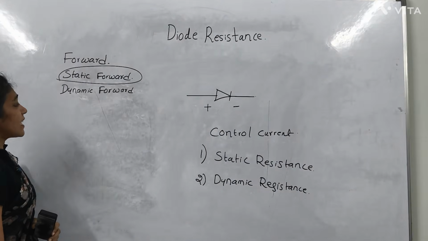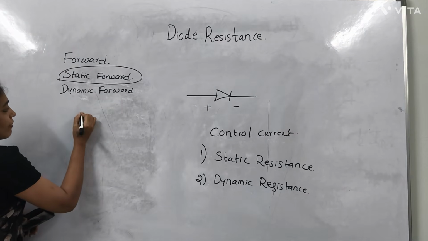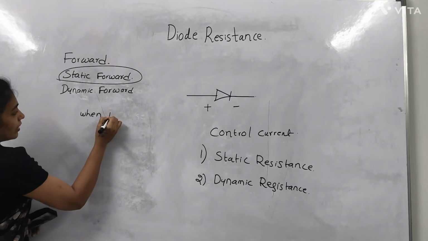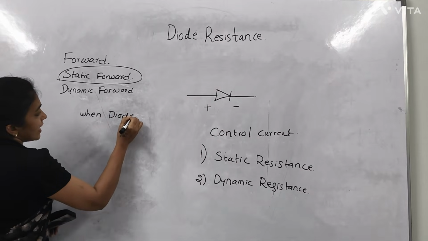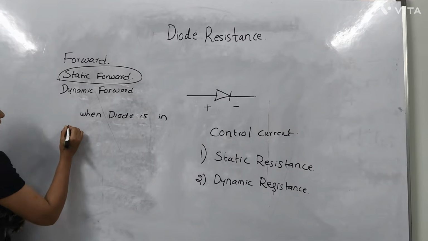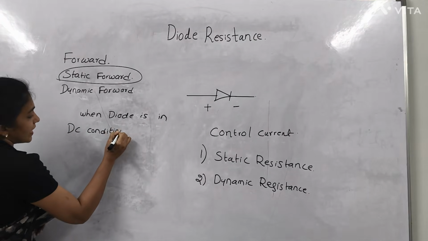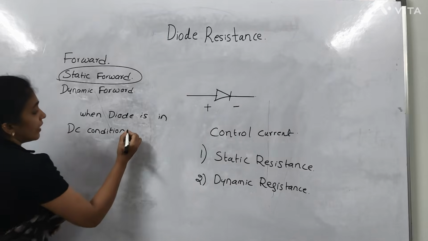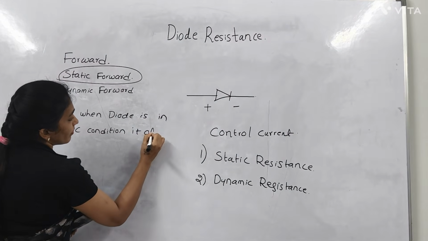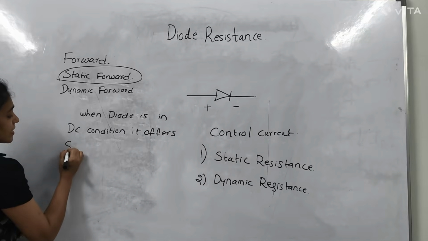Static forward resistance is defined as follows. When the diode is in DC condition, it offers some resistance.